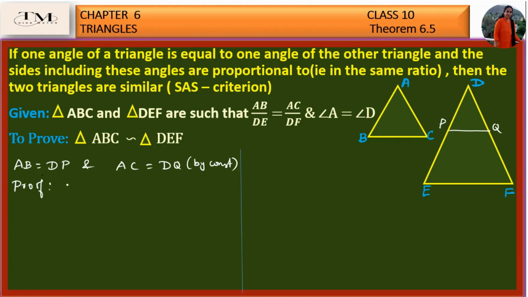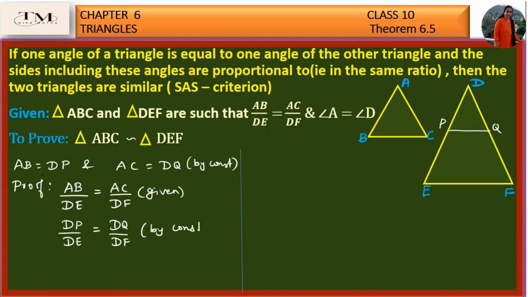The given is AB by DE is equal to AC by DF. Instead of AB, we can write DP by construction, so DP by DE is equal to, instead of AC, we can write DQ, DQ by DF. This is by construction.